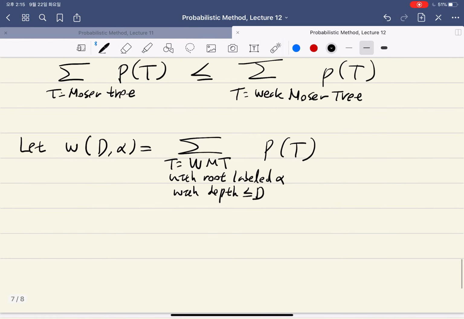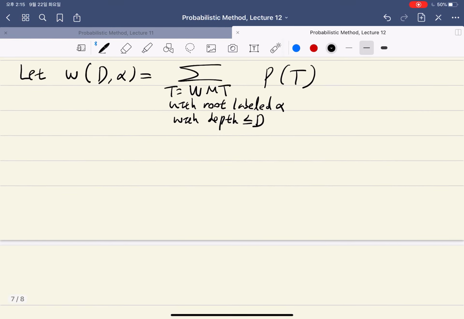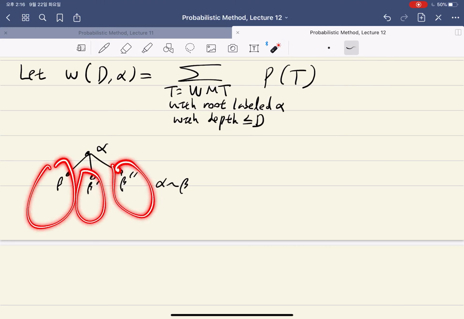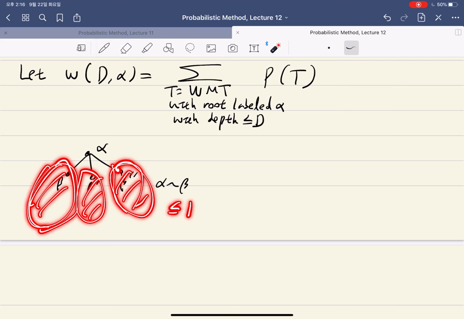So from this, we want to use the recursive structure of weak module tree. If you have a weak module tree with alpha as a root, then all the children must be labeled with labels which are related to alpha. And each of them is also a weak module tree. So this is weak module tree, weak module tree, weak module tree, and each of them has depth at most d-1.